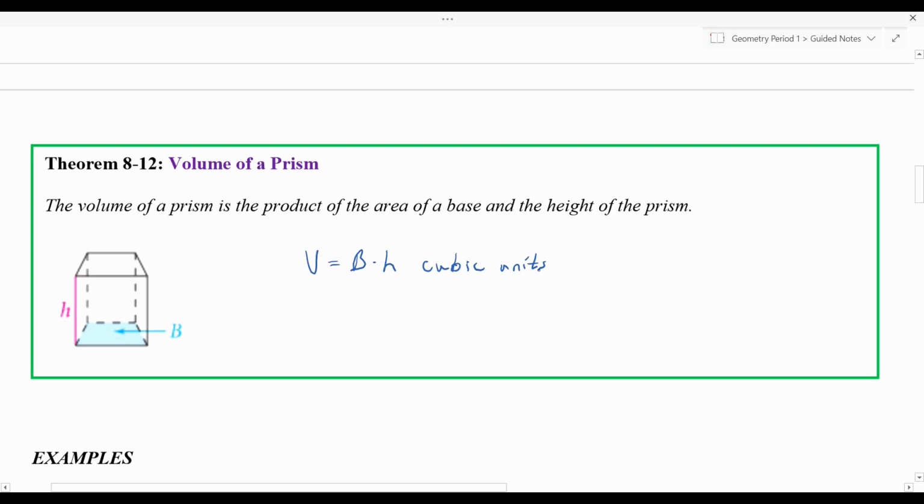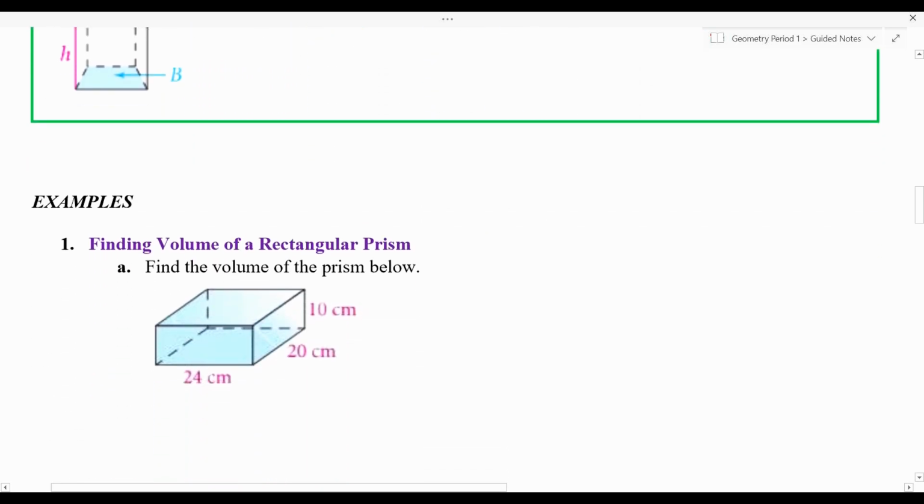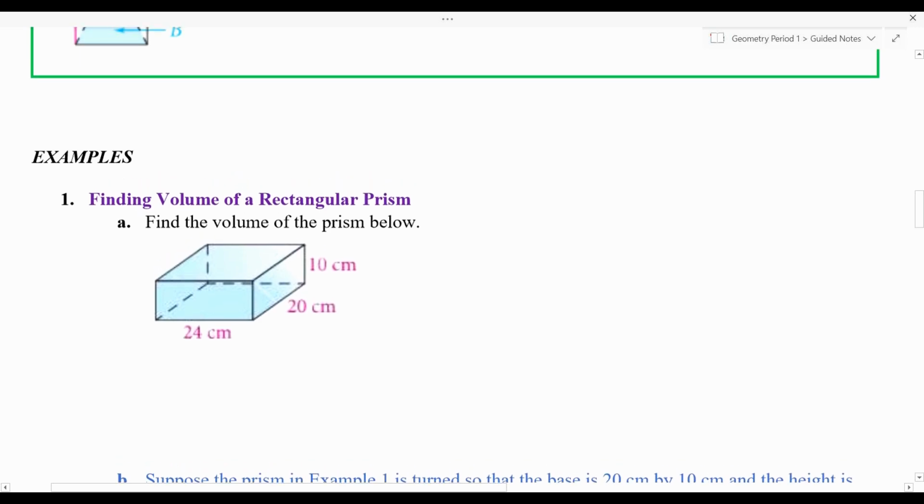Let's take a look at some examples that make use of this formula, and we can move on. Our first example is example 1, finding the volume of a rectangular prism. Find the volume of the prism below. We're using the theorem that the volume equals the area of the base times the height.